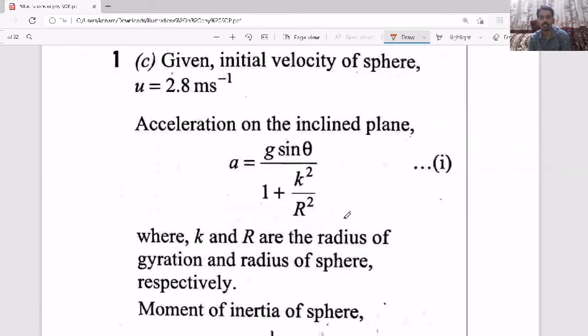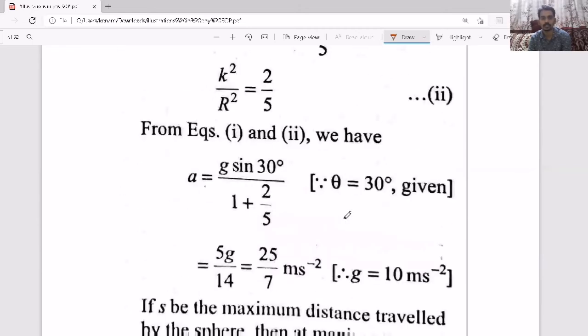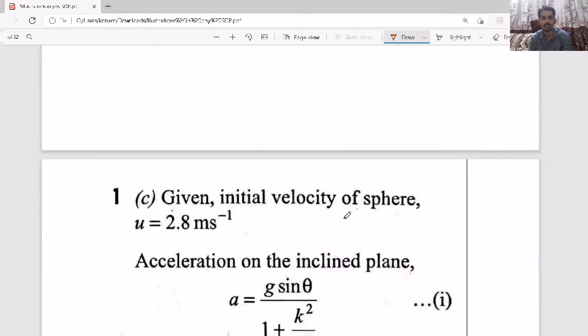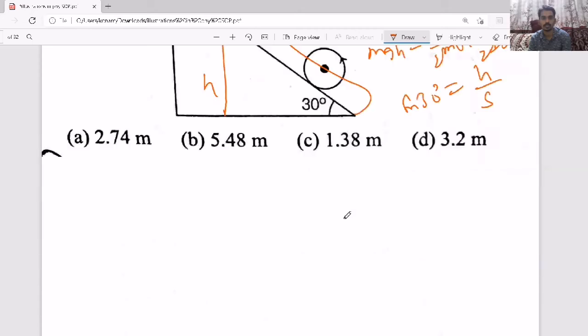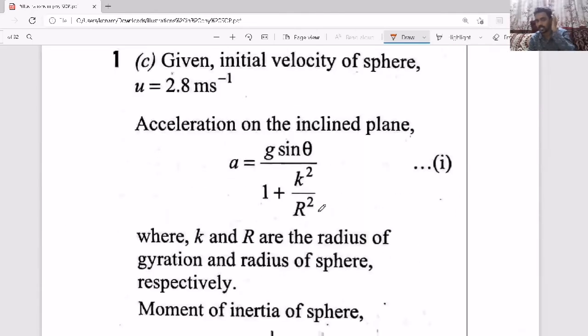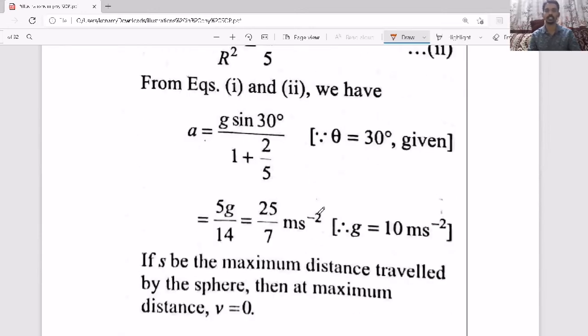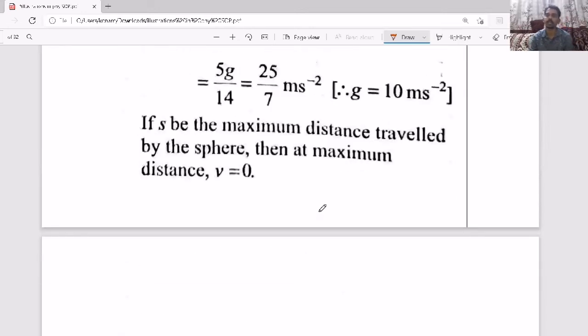See here, I have given the solution also, acceleration. The initial velocity is 2.8. Here they have taken another method. They have taken the acceleration and it is reaching one particular maximum distance. You take any method, both are the same.